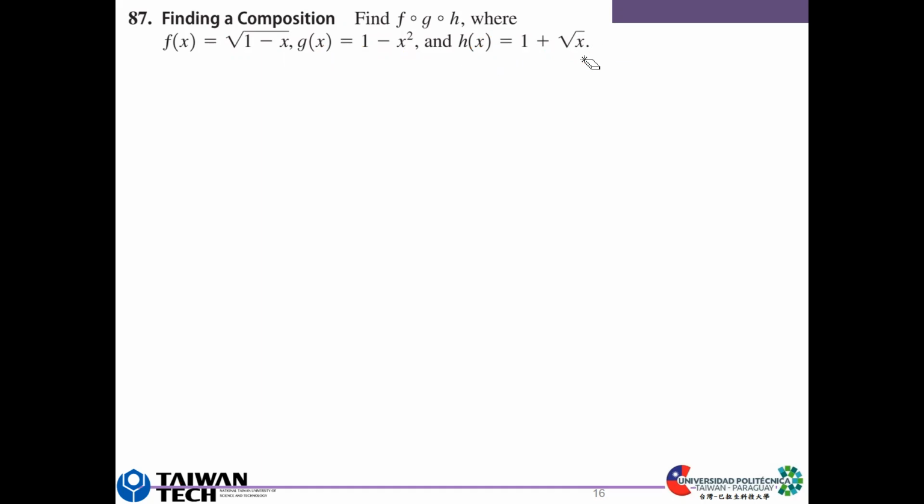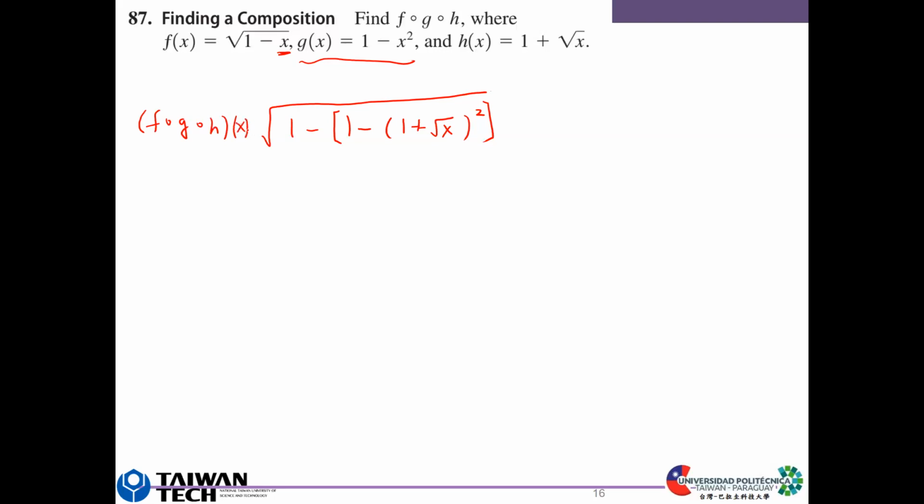So we can write this. For g, it is 1 minus, but you need to replace x with 1 plus the square root of x, squared. And then you need to replace x in f(x) by g. So we have 1 minus this, the whole thing being the x in f(x). So this is the composition of f, g and h at x equals.